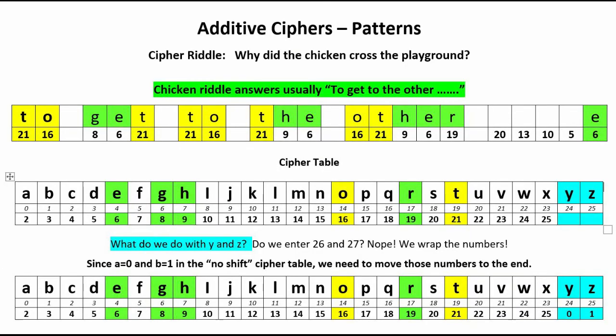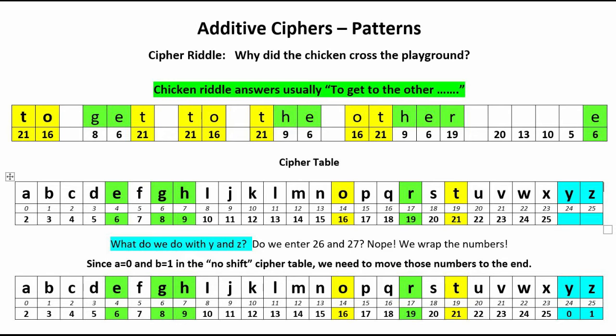When we fill in the rest of the numbers, we find that they go from number 2, meaning A, 3 B, all the way up to X being 25. But what do we do with the letters Y and Z? Do we enter 26 and 27? No. We wrap the numbers. Remember, they have to stay between 0 and 25.